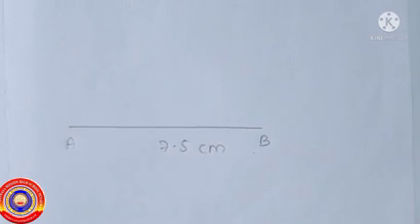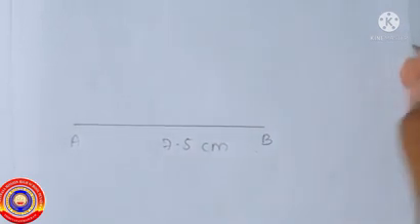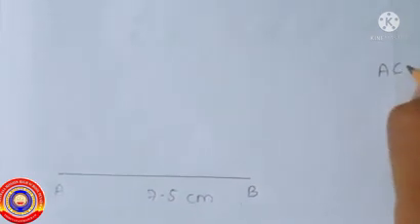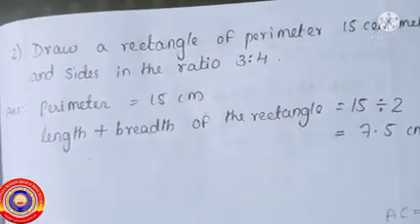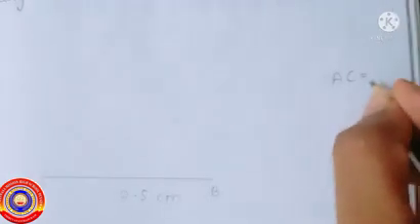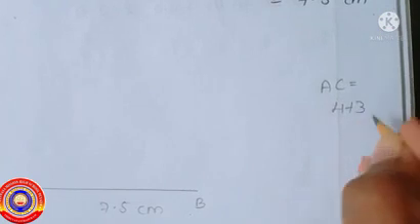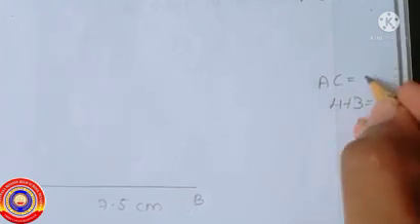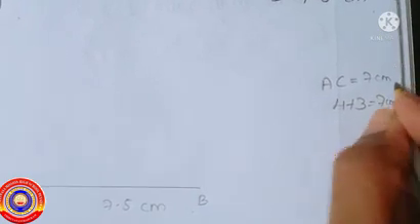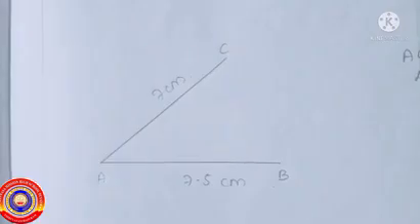Then draw AC. Here it is given that the sides are in the ratio 3:4. That is AC is equal to 4 plus 3, that is equal to 7 centimeters. So the length of AC is 7 centimeter. So from A, draw AC of length 7 centimeter.